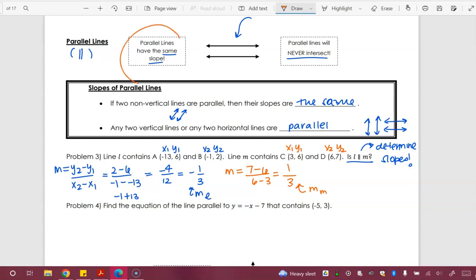Remember, parallel lines have the same slope. This slope is -1/3. This slope is +1/3. So we can say no, L and M are not parallel because the slopes are not the same.